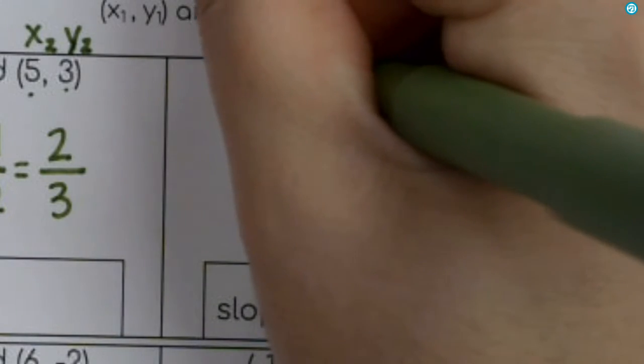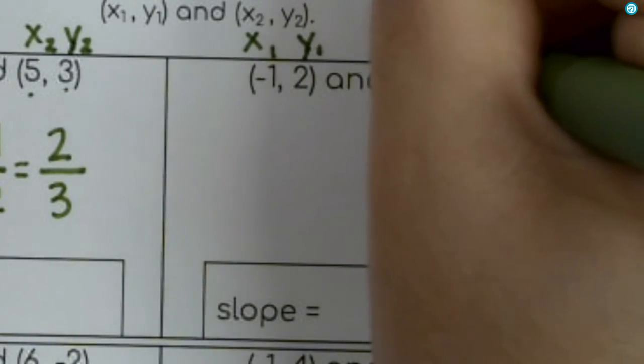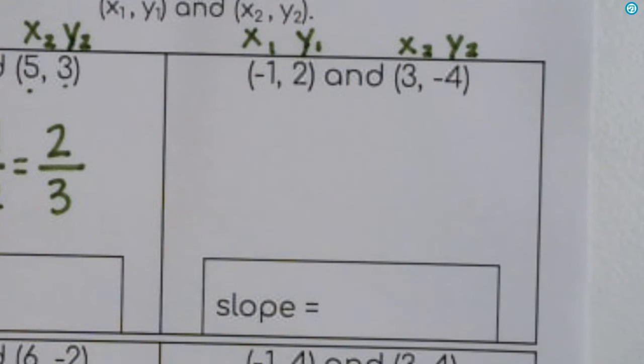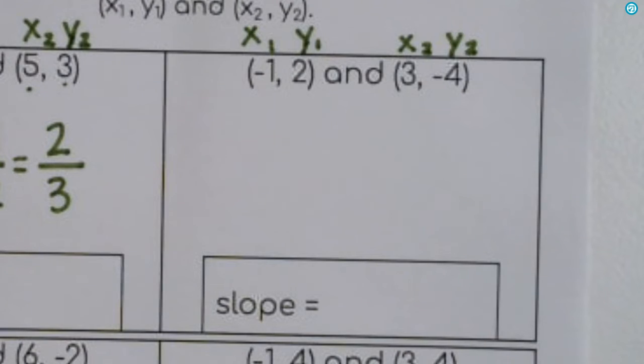And then 3, negative 4 is going to be x and y from my second ordered pair. My biggest piece of advice to you for the day is going to be to always label your points, because then you'll always know you can just match them up with where they go. I'm going to rewrite my formula again. It's y2 minus y1 over x2 minus x1.